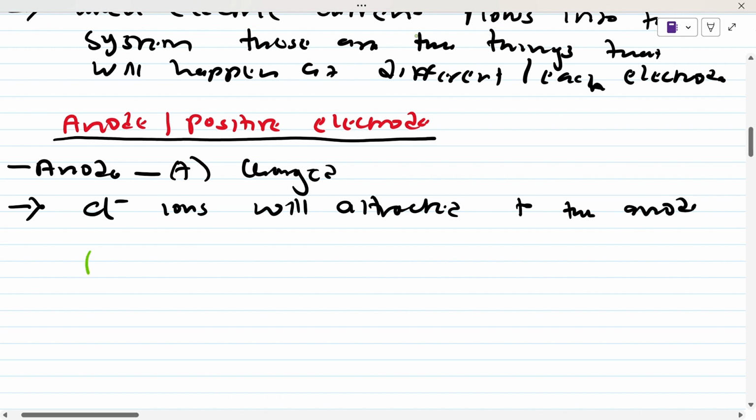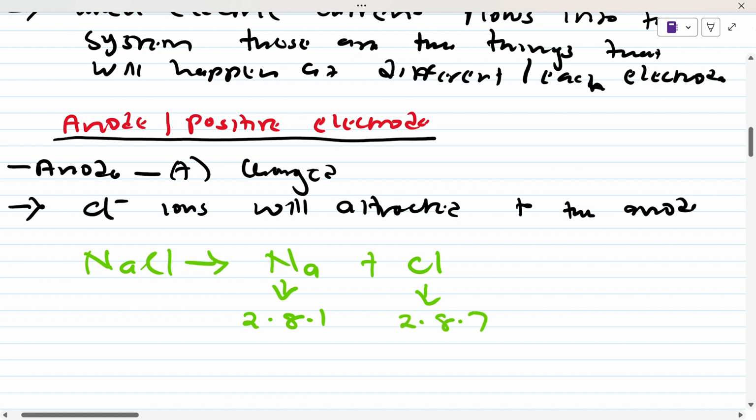And before what really happened, I want you to understand something here, which is very key. When I was having sodium chloride as an ionic compound, what really happened was sodium gave its electron to chlorine, based on the principle that sodium has electronic configuration of 2, 8, 1, and chlorine has electronic configuration of 2, 8, 7, because it is number 17 in the periodic table.